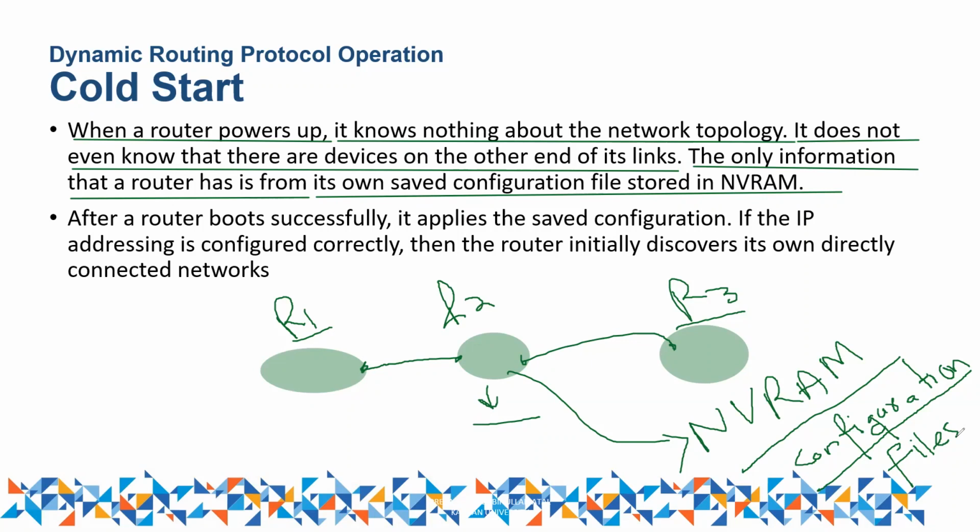Okay, guys. So then what will happen after the cold start? Remember, if the interface IP is configured properly, if there is no issue in the IP configuration, then what will start? The router will initially start discovering its own directly connected networks.